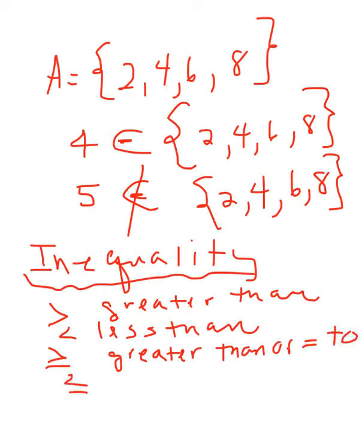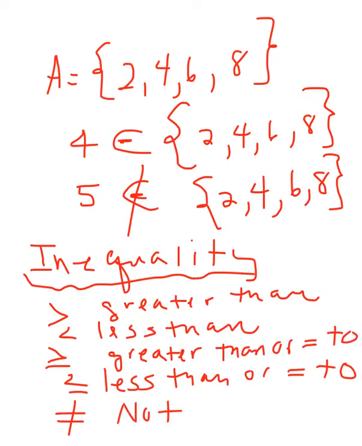Less than or equal to. And then there's also this last one right here, not equal to. There's that strike through the equal sign. Doesn't that make sense now that you know that strike through means not, okay? So we need to understand what the inequality symbols mean.